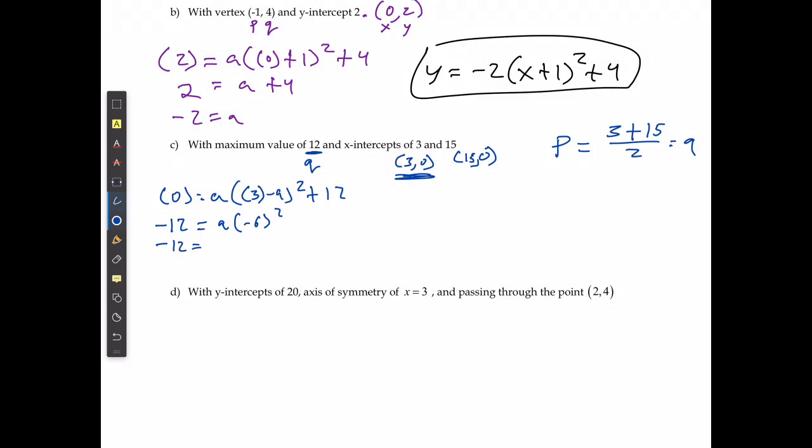Negative 12 is going to be equal to negative 6 times negative 6 is going to be 36a, which means that a is going to equal negative 12 over 36, which can get reduced down to negative 1 over 3. And my equation is going to be y is equal to negative 1 over 3 bracket x minus 9 squared plus 12.